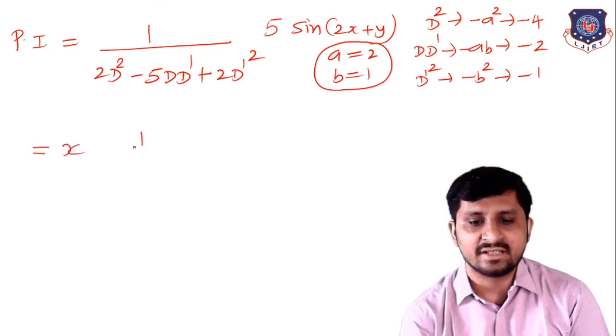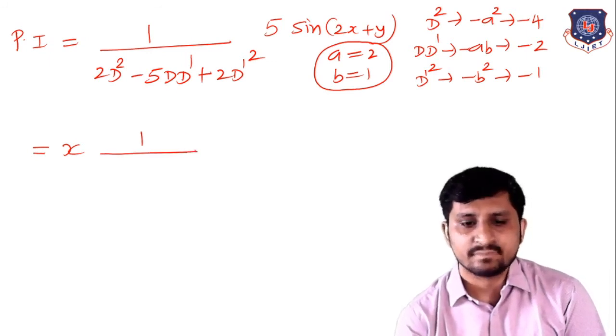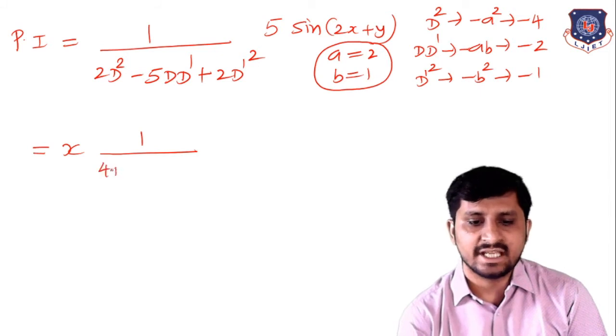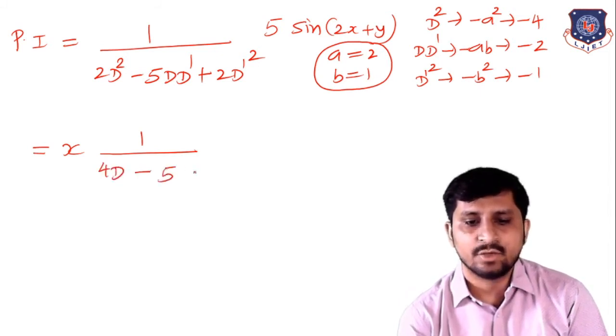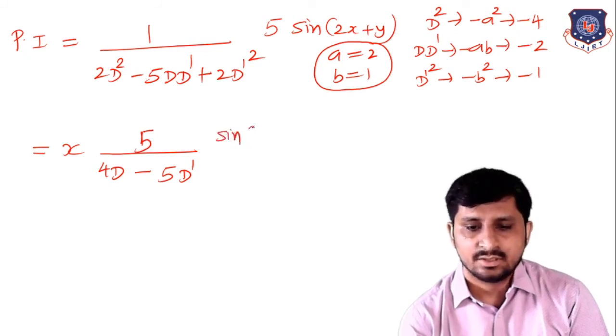Okay, and differentiate this function with respect to D. So that is 4D − 5D', and 5 is already there in the numerator, so just write 5 sin(2x + y).